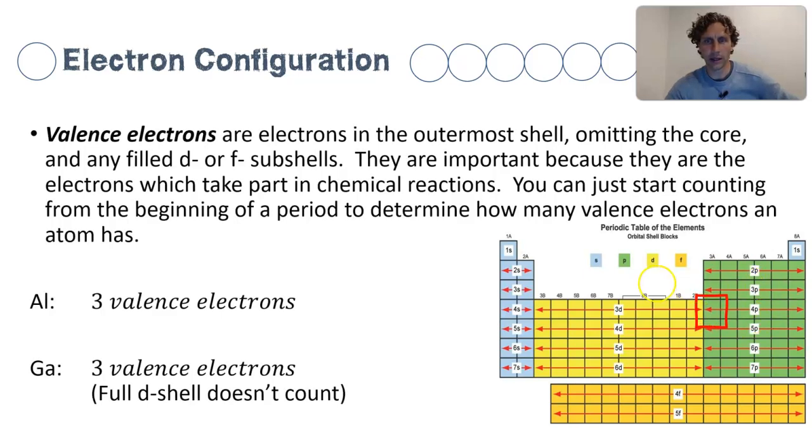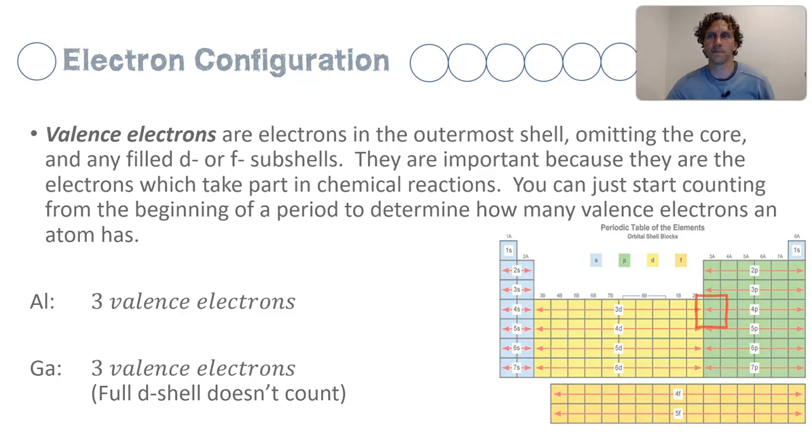Okay, gallium also has 3 valence electrons. 4s2. We can ignore the filled D subshell here, right? Ignore any D or F shells that are full. And then we've got this one is here, 4p1. So the 2 4s electrons and the 1 4p electron. Okay? So valence electrons.